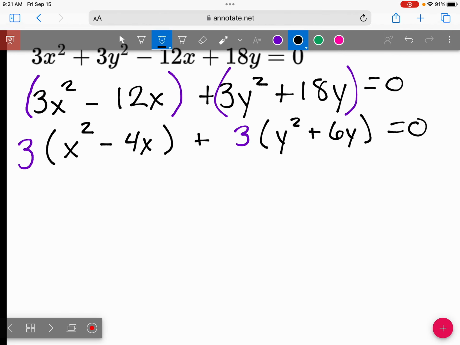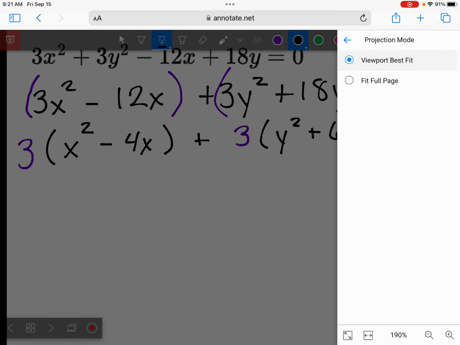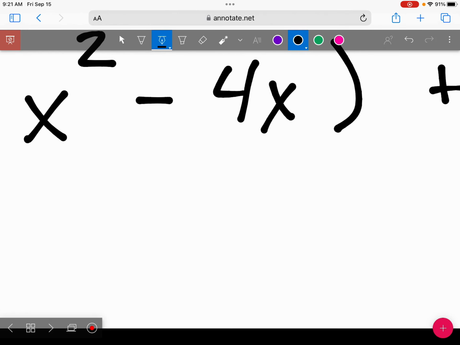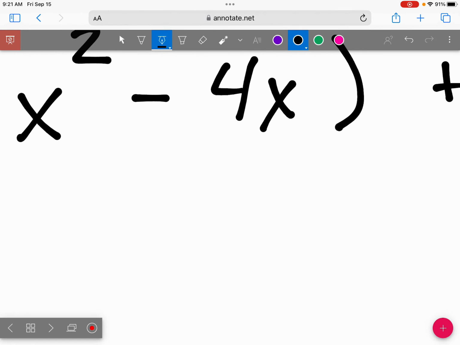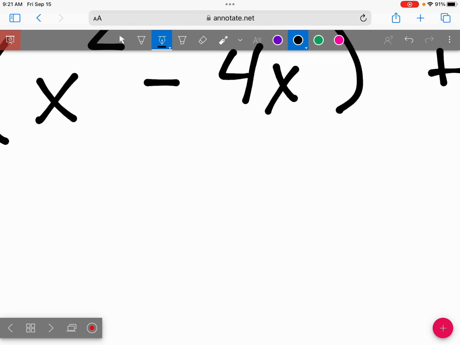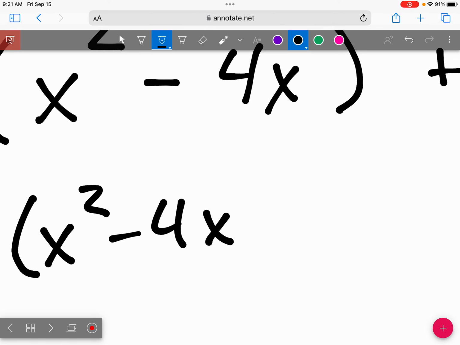I'm going to change my view screen just a second. For this piece right here, what would we need to add in to make this a completed square? It'd be x squared minus 4x plus what? 4.